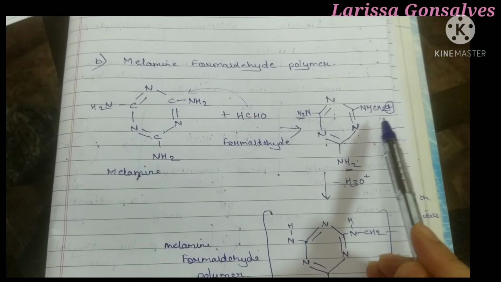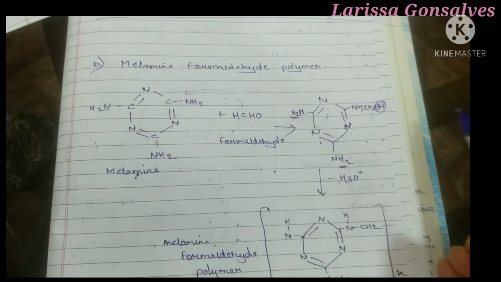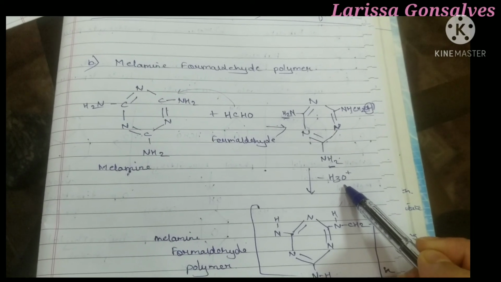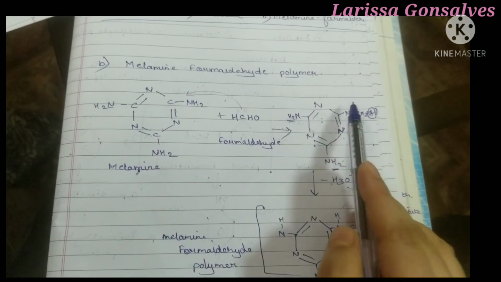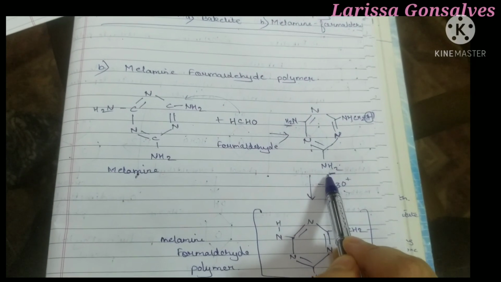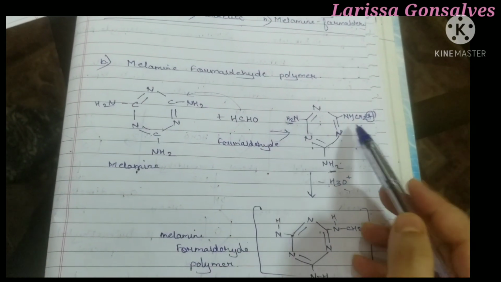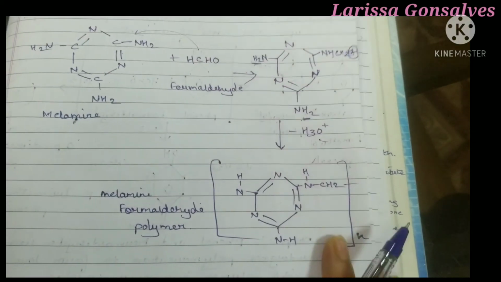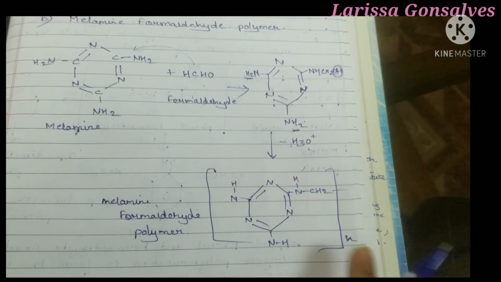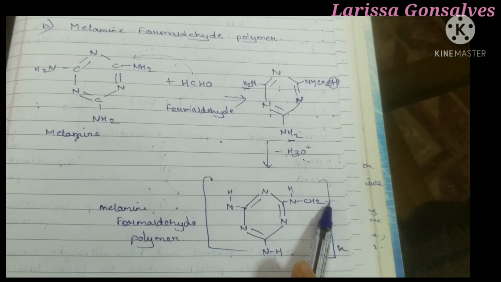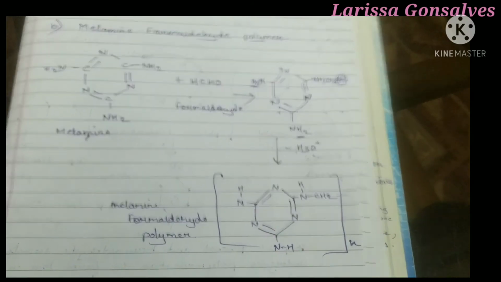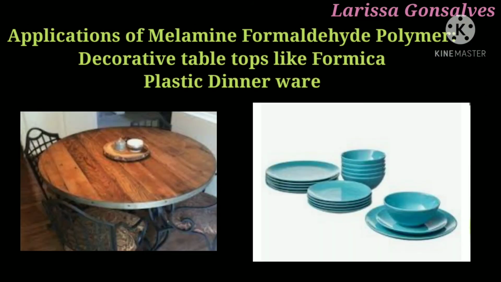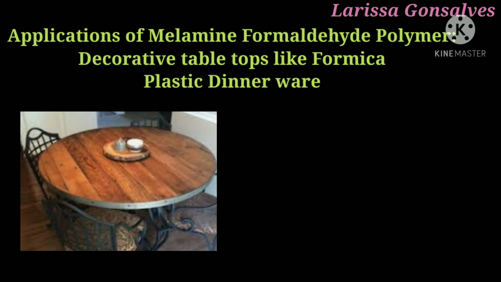So you will get NHCH2OH. For the process of polymerization, you are going to remove hydronium ion, that is H3O+. So OH from here, one H from here, and the other H from here. After that, the polymer which you get is the melamine formaldehyde polymer. Okay, show these bonds because they show continuation of the chain. The applications of melamine formaldehyde polymer are decorative tabletops like formica, and it is also used in plastic dinnerware.